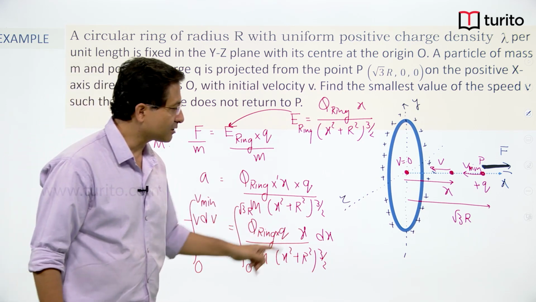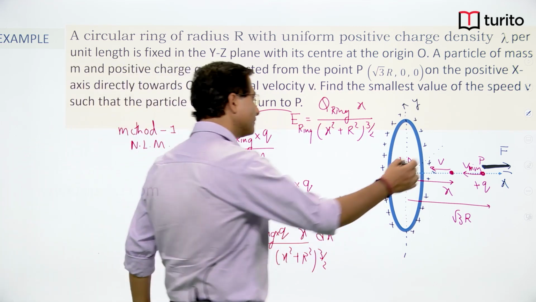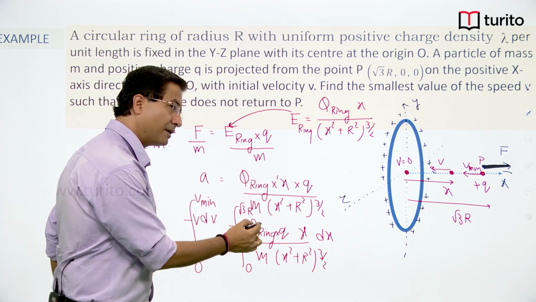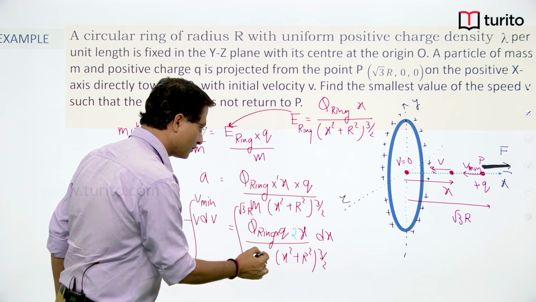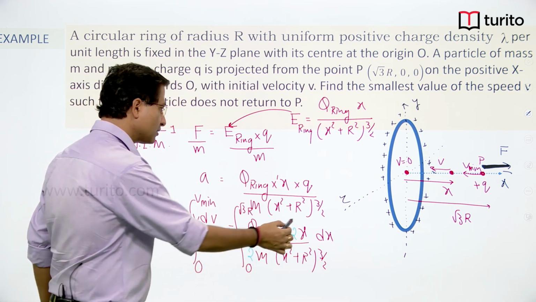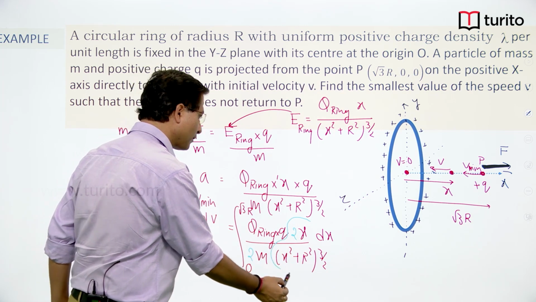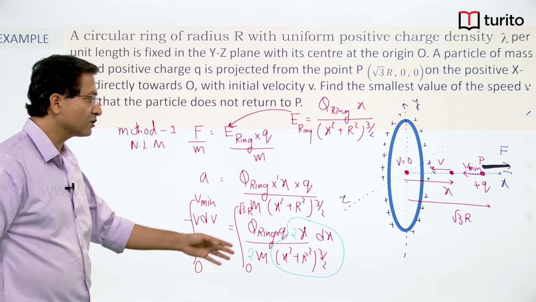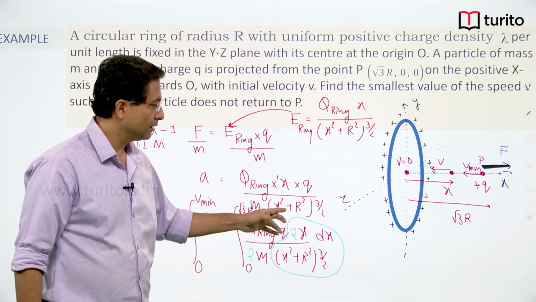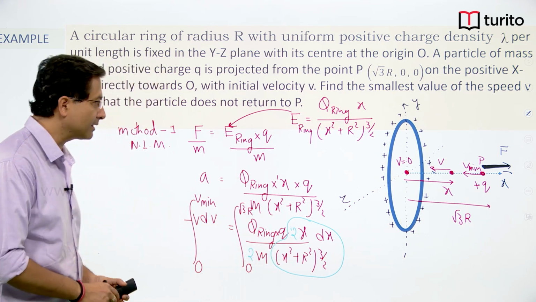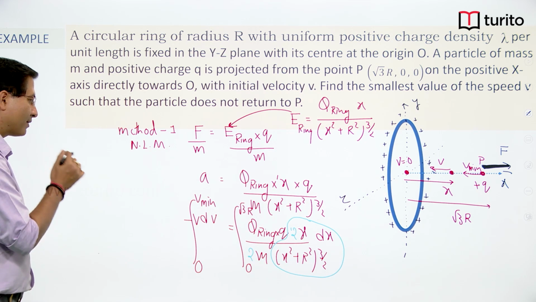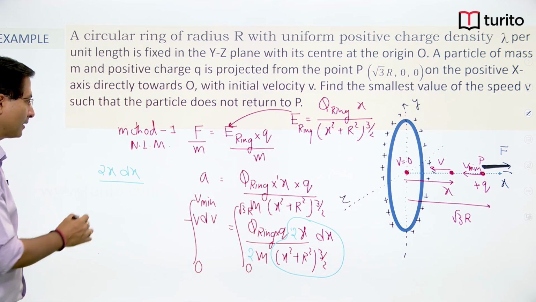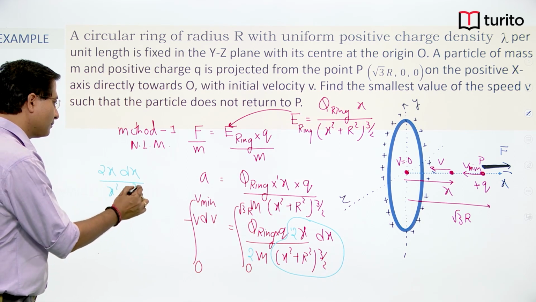You can integrate this expression. Multiply and divide by 2, and just look at this term: 2x dx divided by x square plus r square to the power 3 by 2.